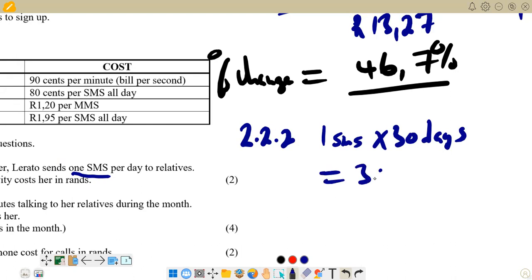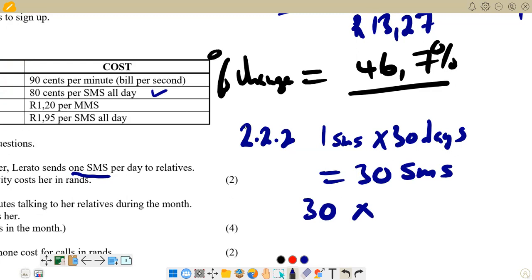So you're going to have 30 SMS that are going to be sent. And we are told that 1 SMS is 80 cents per SMS. So to get the value for 30 SMS, you multiply 80 cents times 30 SMS. So here we are now saying 30 times 80 cents as a decimal.